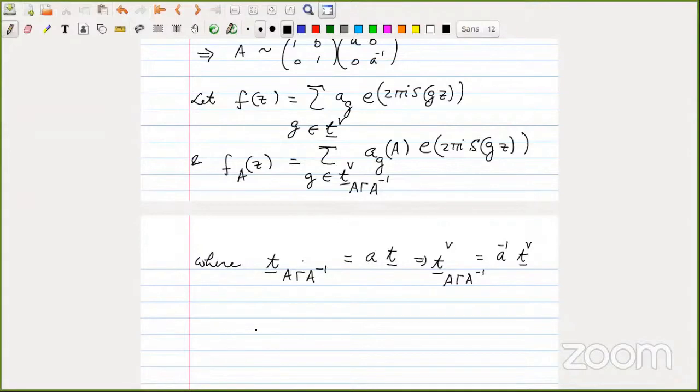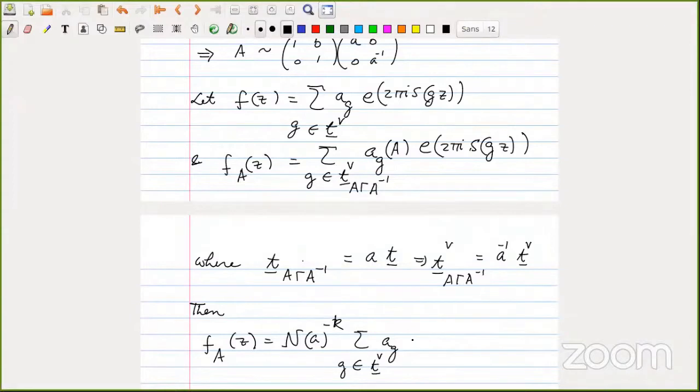Yeah. So if I make these transformations here, then f_A of z will be equal to the N_A to the power of minus k, and then the summation of A_g, where g runs over E underlined 12.